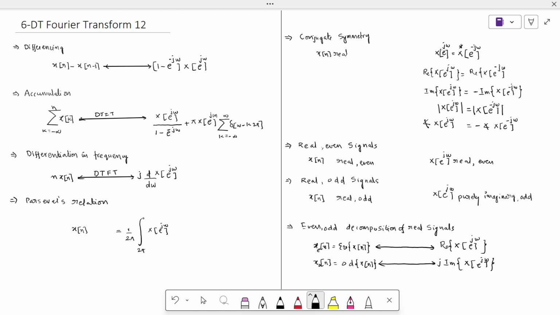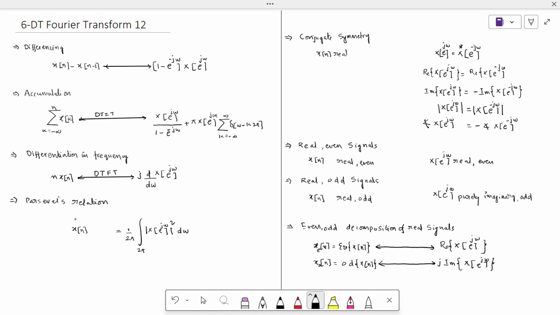This is energy, which is the integral of power, so the mod square gives the power. In the formula, x of n equals 1 by 2 pi integral of x of e power j omega into e power j omega n, and the mod of the exponential goes to 1. The last term is d omega.